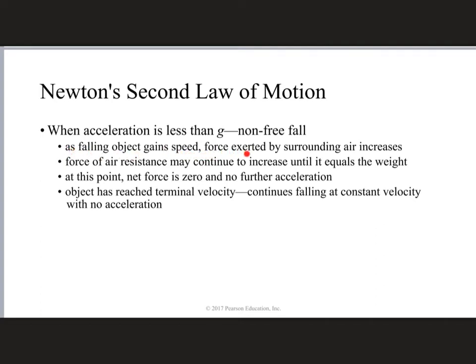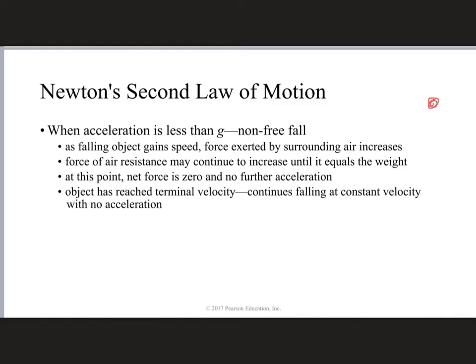And so the force exerted against that object by the air resistance increases as well. So the amount of acceleration gets reduced. And so eventually the force of air resistance will continue to increase until it equals the weight of the object that's falling. In other words, the object is falling faster and faster, so the air resistance gets higher and higher.